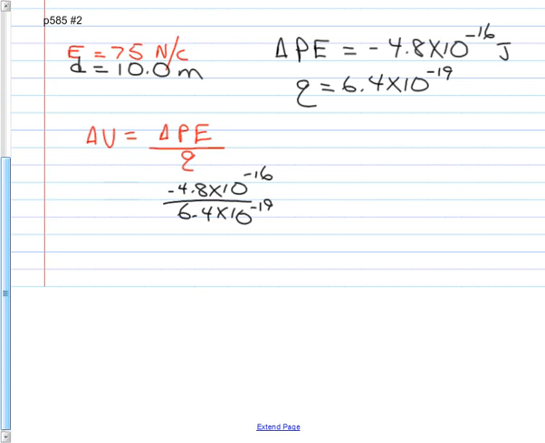What do you get? Negative 750. And what do we measure that in? This delta V? Volts. It's measured in volts, capital V. So we lost 750 volts in that process.